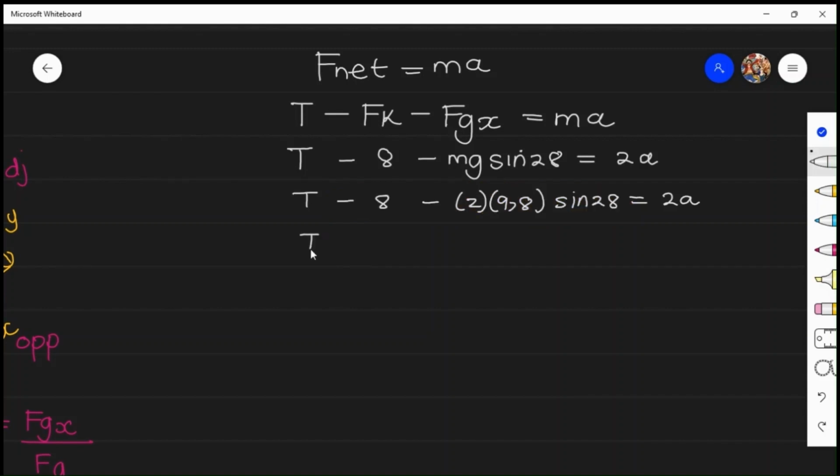And that gives me T minus 17,20 is equal to 2a. So I'm going to solve for A because I want A to be the subject of my formula. So I'm going to divide both sides by 2 in order to get rid of the coefficient of A. So this is then going to be T minus 17,2 all over 2 equals A. And that is equation 2.